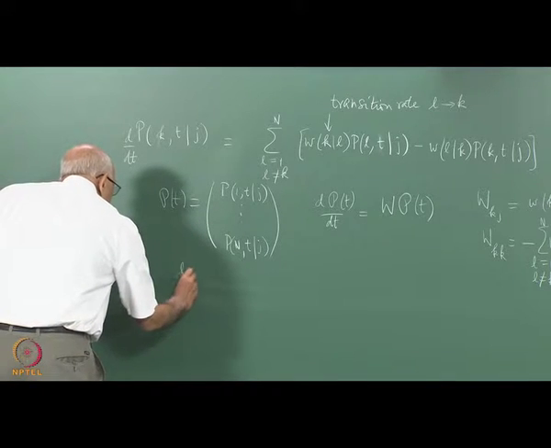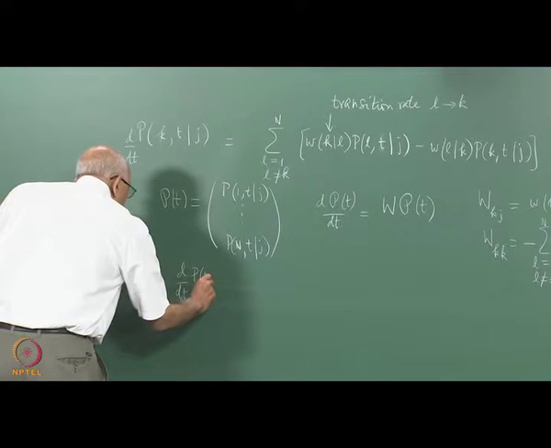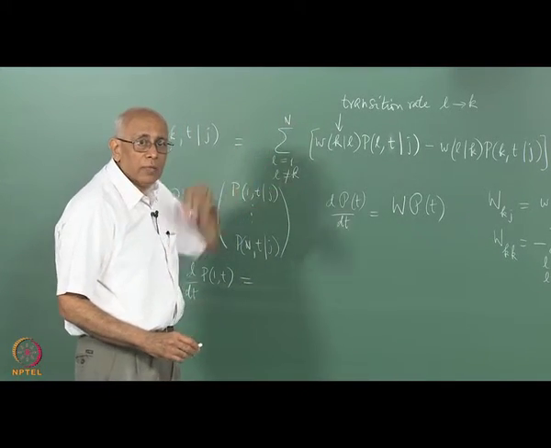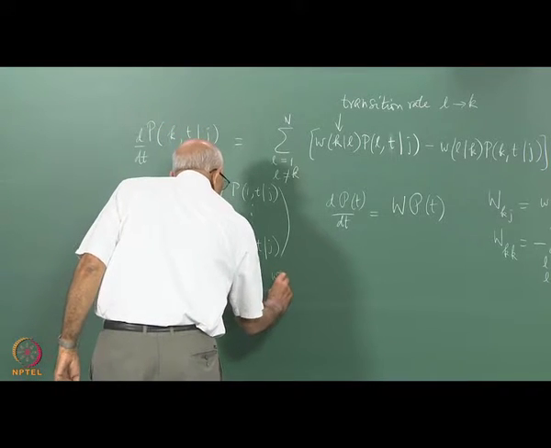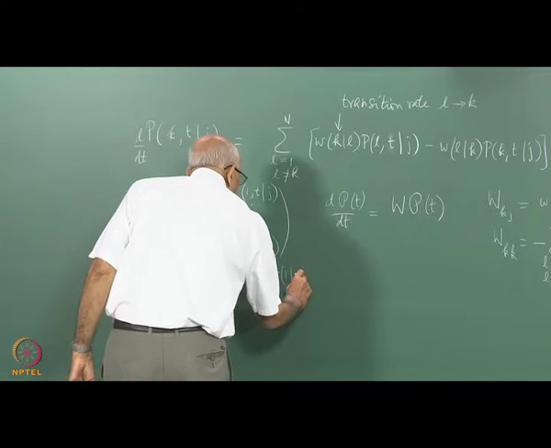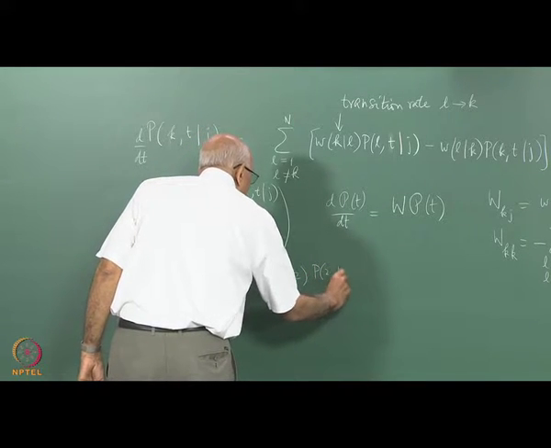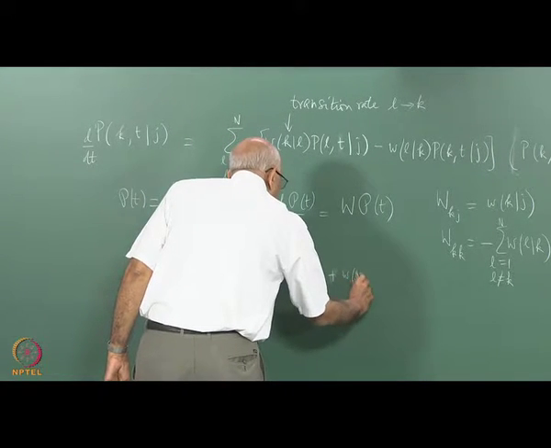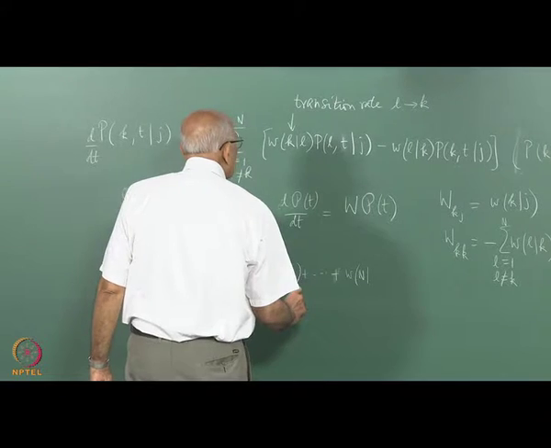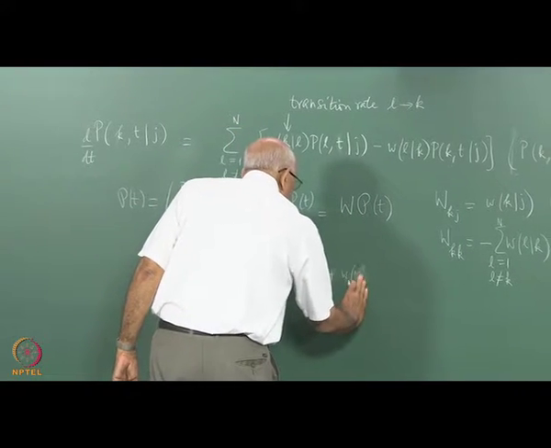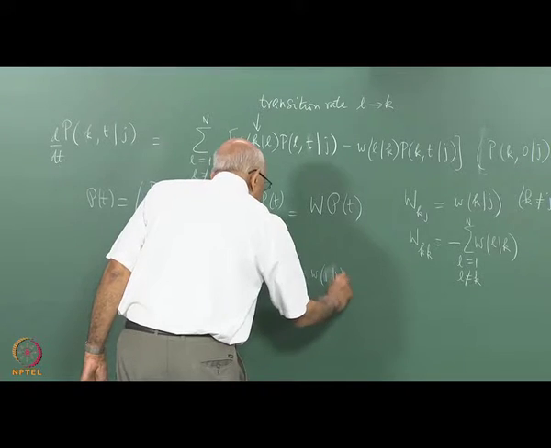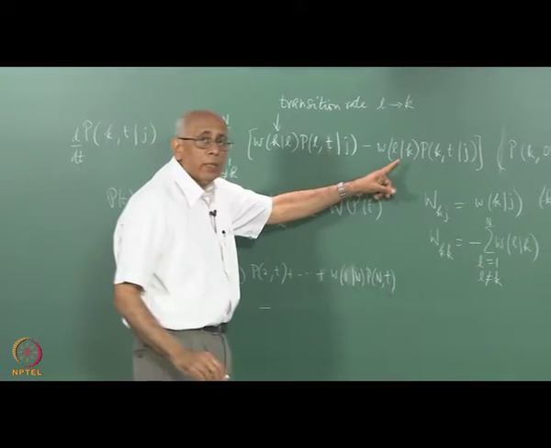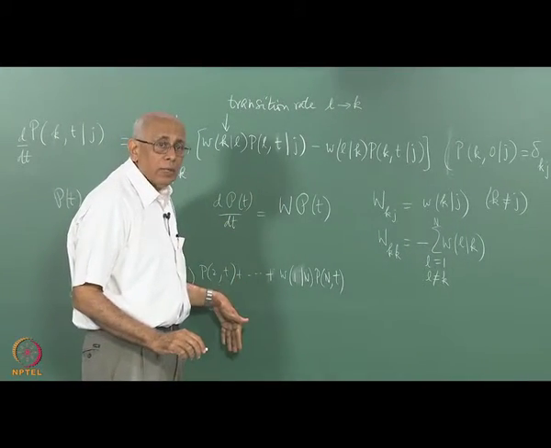So, essentially you have an equation like d over dt p of 1 comma t equal to, on the right hand side, you have to sum over all k, 2, 3, 4, etc. So, it is equal to W 1 2 p of 2, t plus dot dot dot plus W 1 n, P of n comma t, minus this quantity here, which is just a sum over L leaving out the index 1.